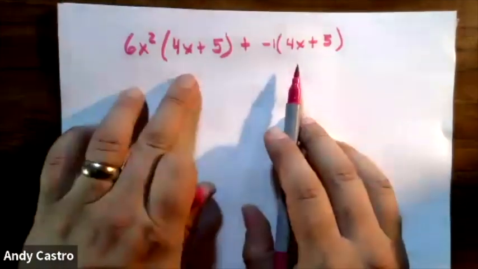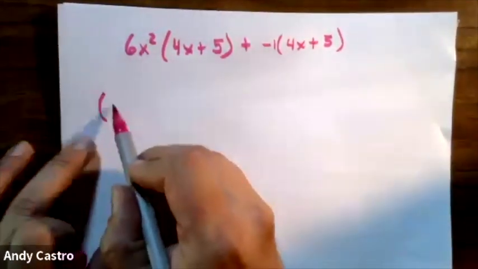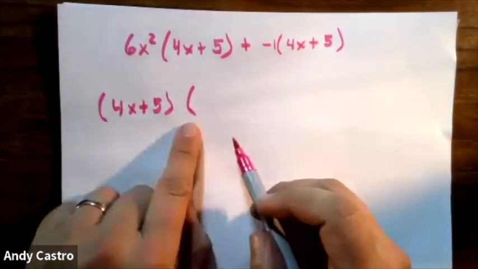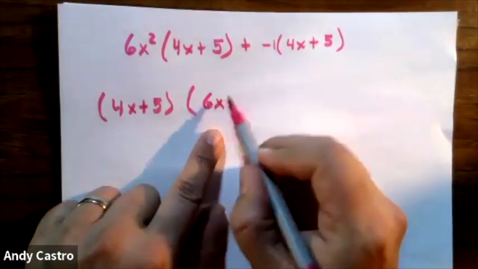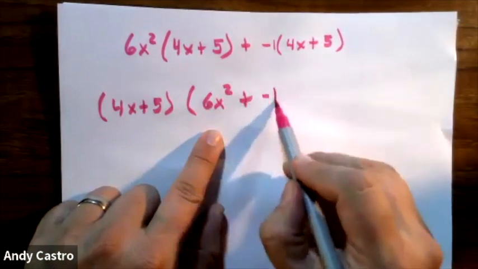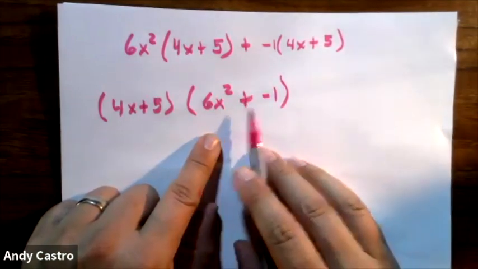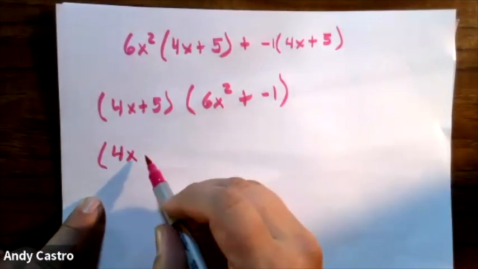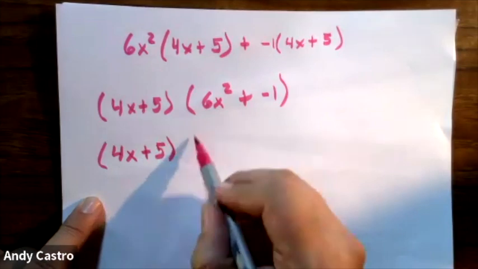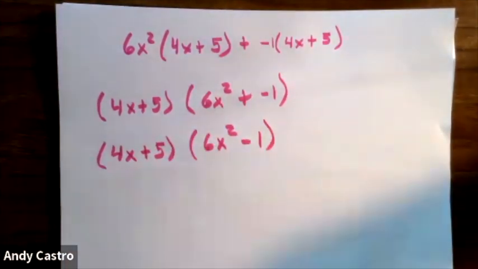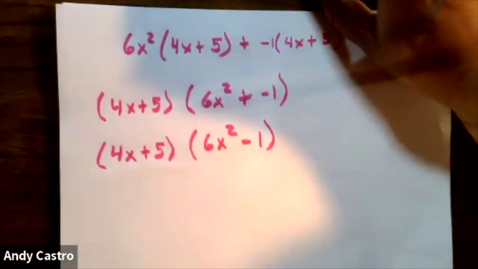All right, so now if I pull the common factor out, which is 4x plus 5, then what's left is 6x squared, and then plus this negative, which is a negative 1. Right? Now, plus a negative is just minus. So we can simplify this as 4x plus 5 times 6x squared minus 1. Right.